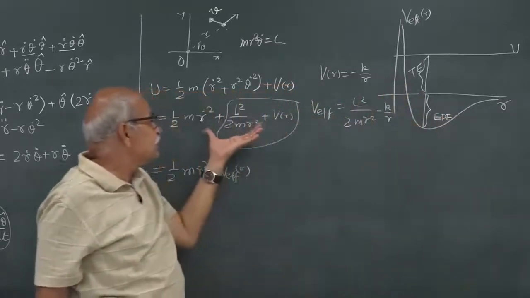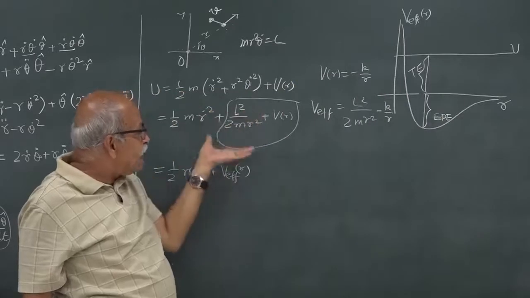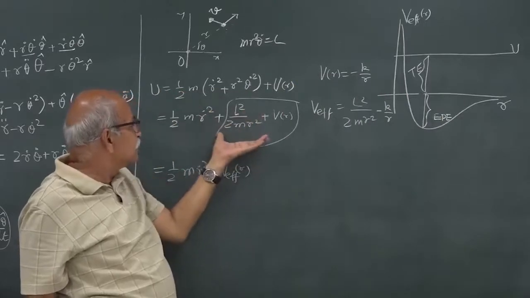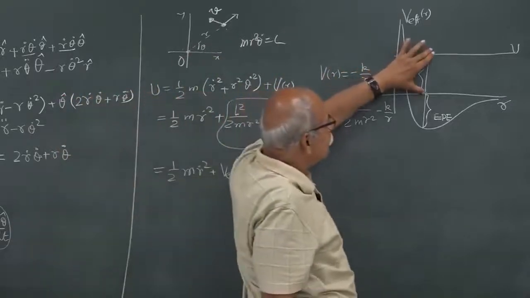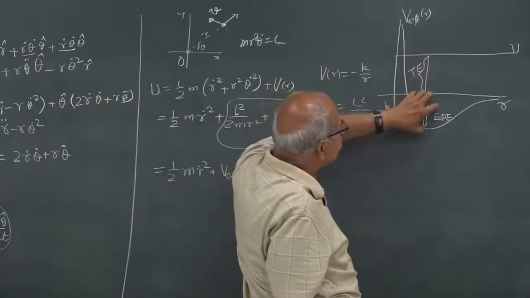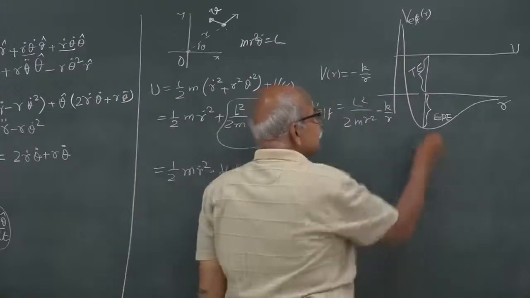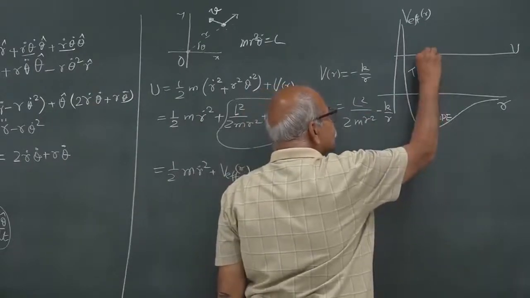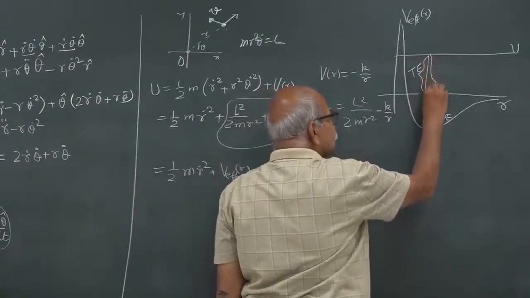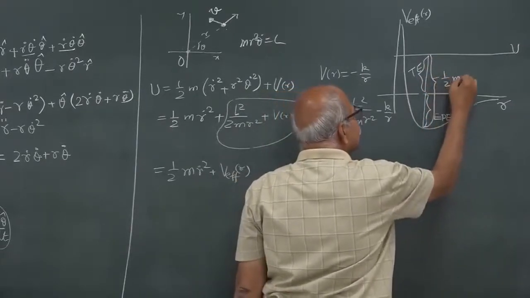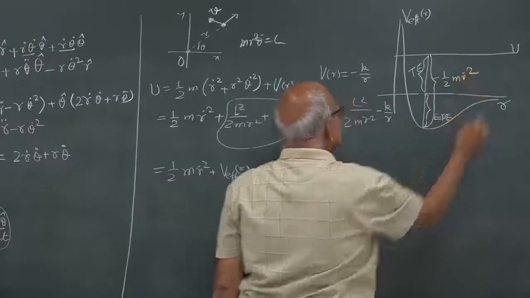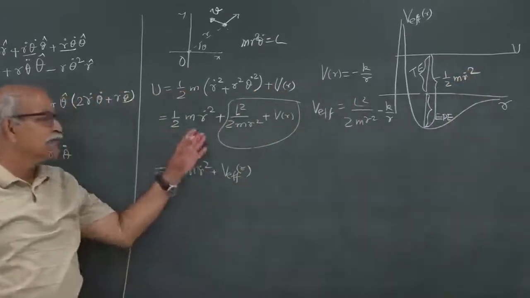If you subtract this effective potential energy from the total energy, from this you subtract this energy, then this whole thing from here to here is half m r dot square. What remains? Half m r dot square.